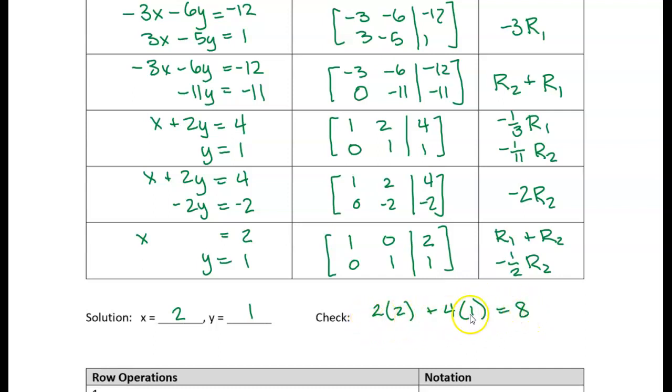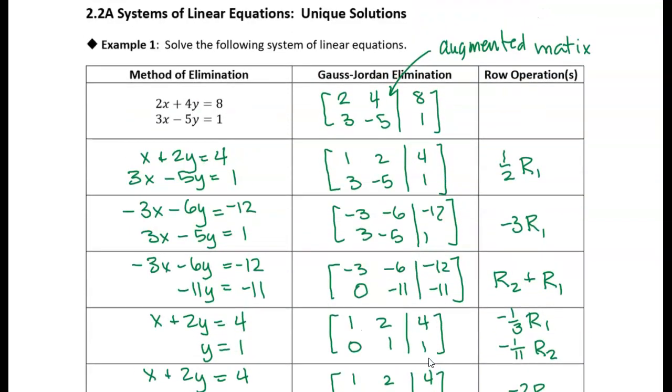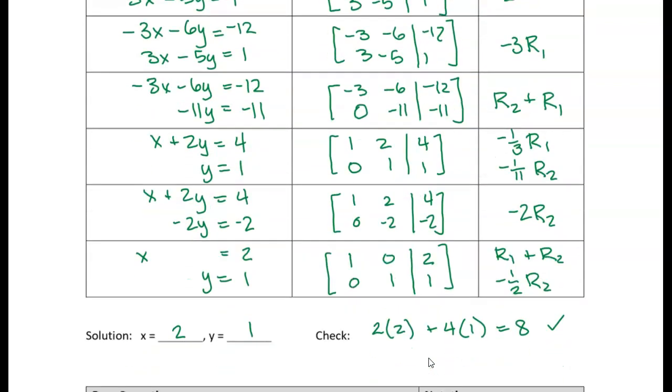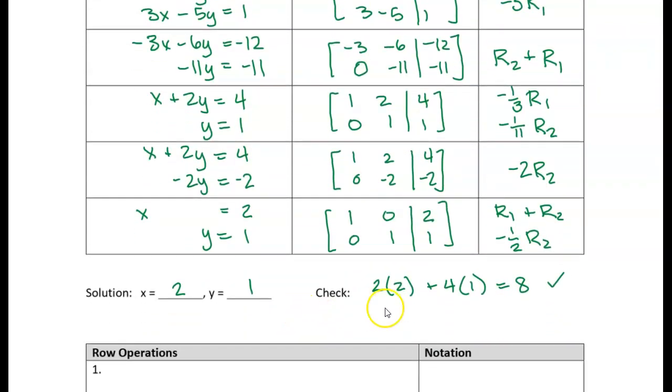Is that true? 2 times 2 is 4. 4 times 1 is 4. 4 plus 4 is 8, so that works. The second equation was 3x minus 5y equals 1. So 3 times the x value I found minus 5 times the y value I found equals 1. Is that true? 6 minus 5 is 1. Okay, that works too. So this is my solution. I can validate that solution: it is an x and y value that satisfies both of those equations.